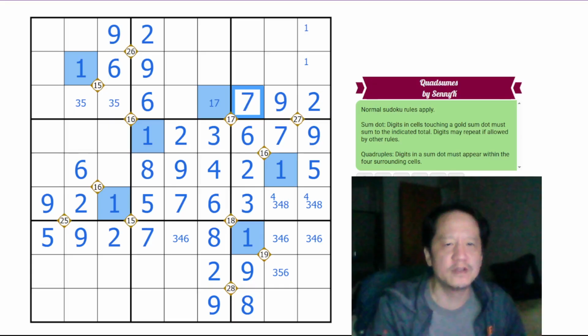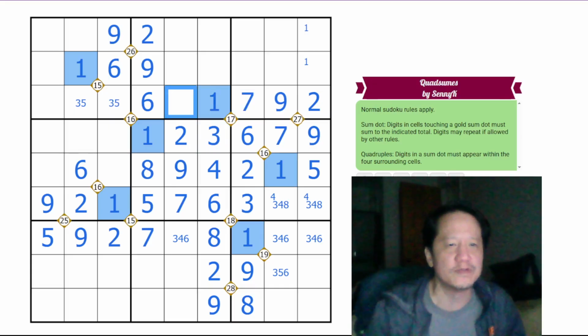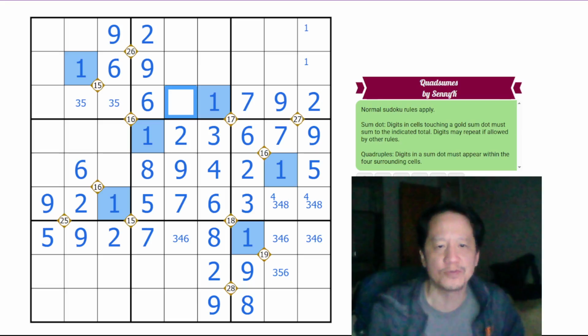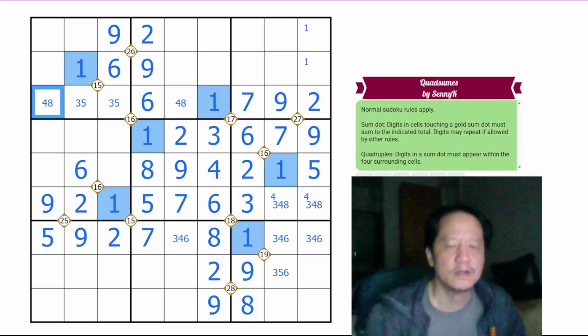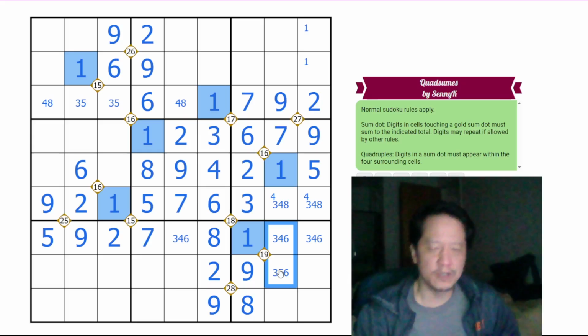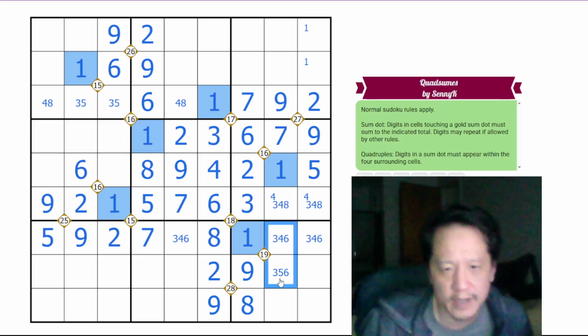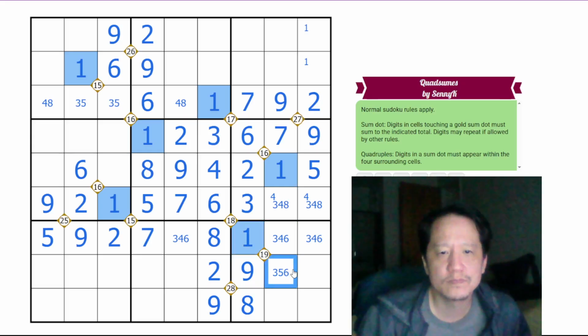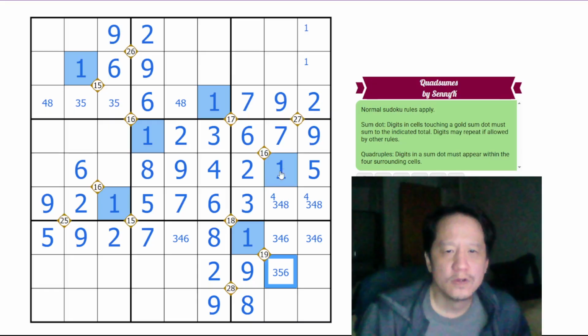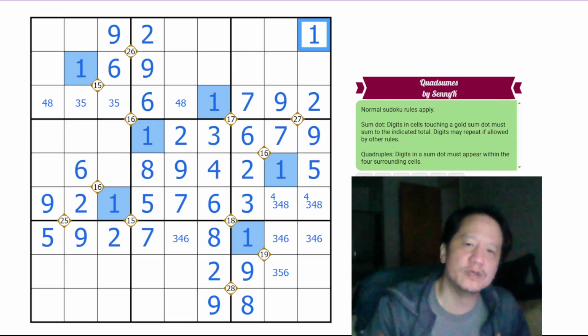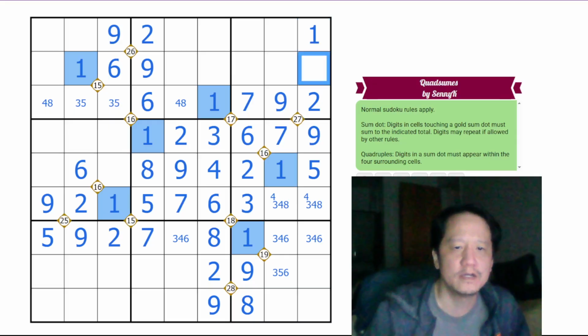So this becomes 7, that's 1, and that leaves 4 and 8 remaining in row 3. So again, this must be 3 and 6, or 4 and 5, adding up to 9. This can't be 1 here, so 1 has to be here in column 9.